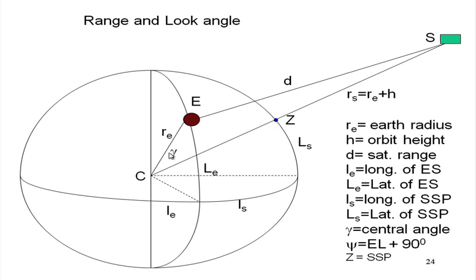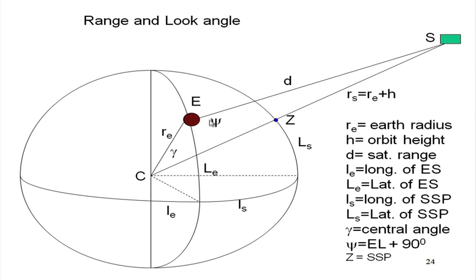One of the angles is gamma, which is called the central angle, which is E C to S, that is at the center, the angle created by this triangle. Then we have angle psi, which is C to E, that radius, to E to S, this line.